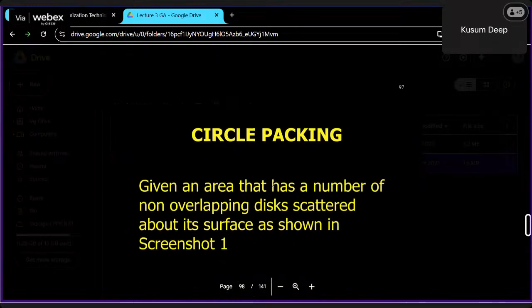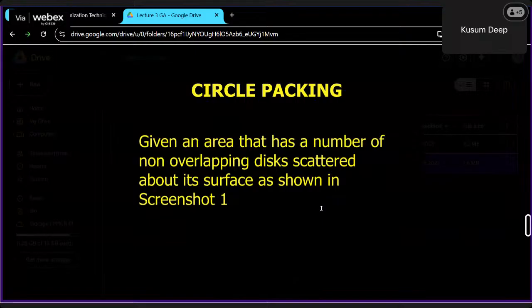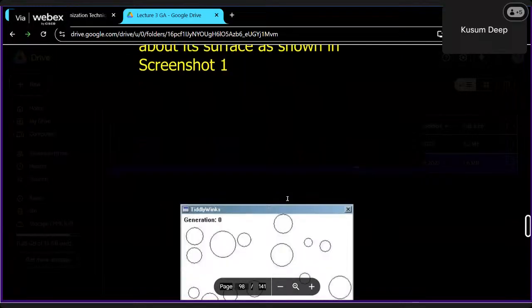So let's now move on to the application. Some of the applications which me and my group have tried to solve with the help of the genetic algorithms are as follows. So the first one is about the circle packing problem. Now in this problem, suppose you are given an area that has a number of non-overlapping disks which are scattered about its surface as shown below.